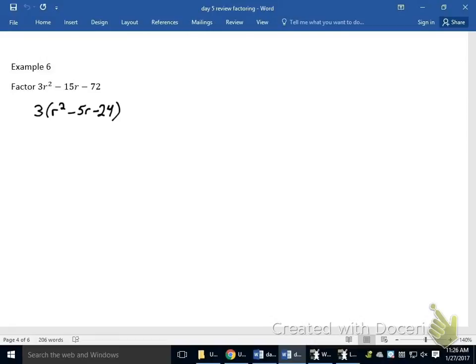You need to look. So I know 3 is going to stick around, but that r squared minus 5r minus 24 can factor further. Let's take a look. We'll pull that negative 24 out to the side here and write down things that multiply to negative 24. And negative 3 times 8, and negative 4 times 6.